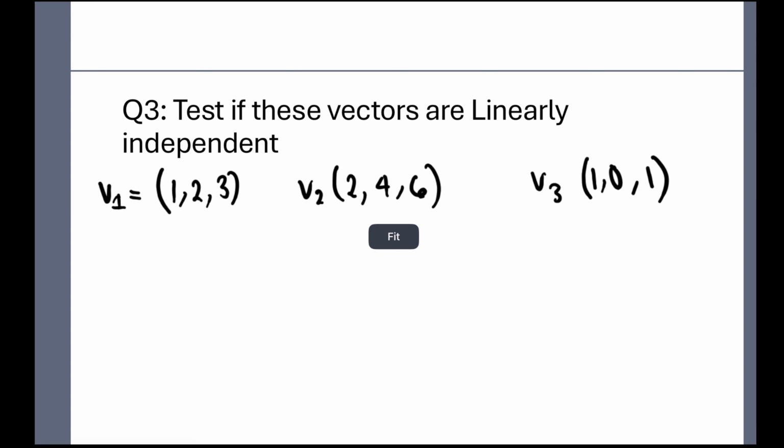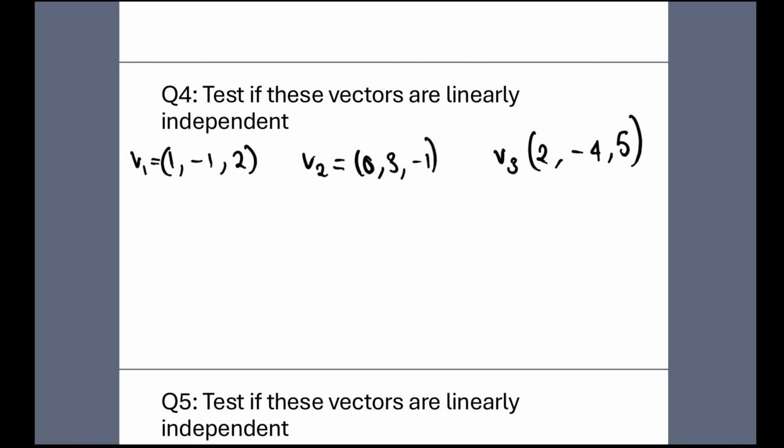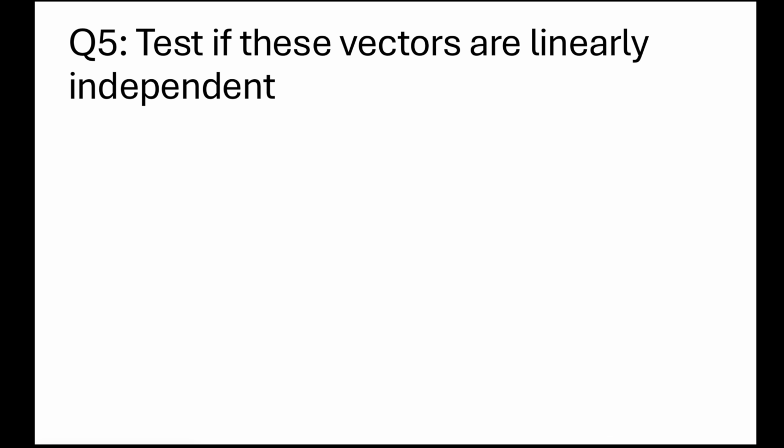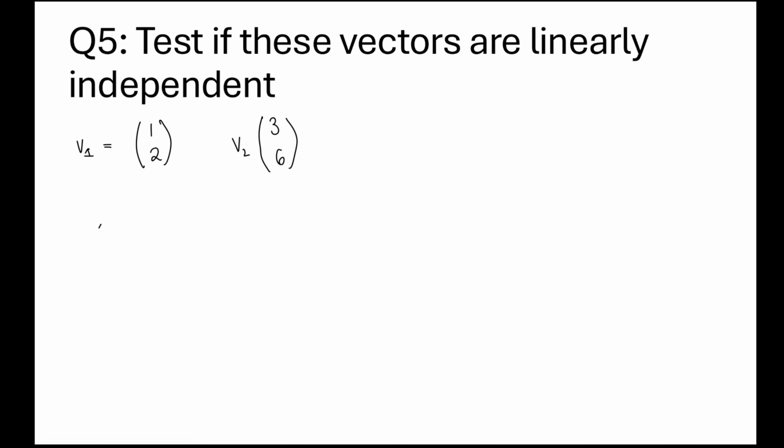So we're going to come back to this question and this one, and we're going to test if these vectors are linearly independent. So let's say we had vector 1, which was 1, 2, and vector 2, which is 3, 6. So now we get alpha 1 times 1, 2 plus alpha 2 times 3, 6 is equal to 0.